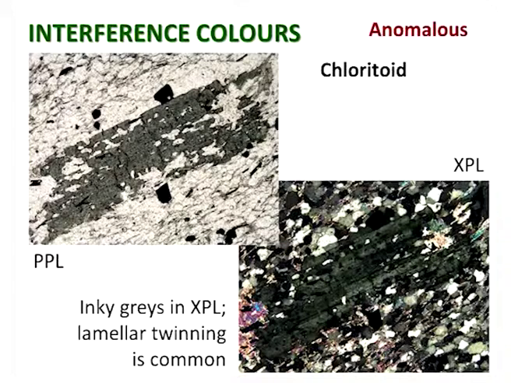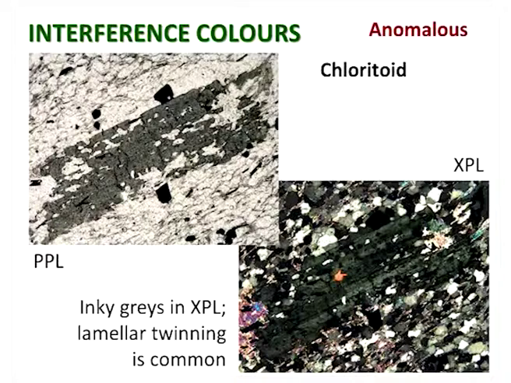Another one with anomalous interference colours is chloritoid. So chlorite and chloritoid, they sound the same, and they both have interference colours which are anomalous. So this is a kind of ragged skeletal crystal here, which has got lots of inclusions in, so that's why it looks quite ragged. A sort of bluish or greenish colour, pleochroic in thin section, in plain polarised light, and in cross polars you have sort of inky, greyish, bluish, greenish colours.